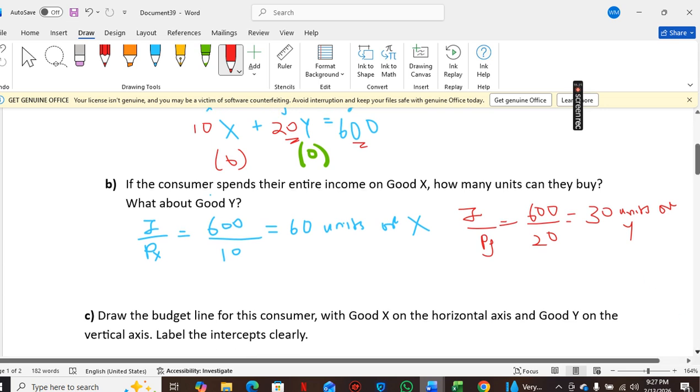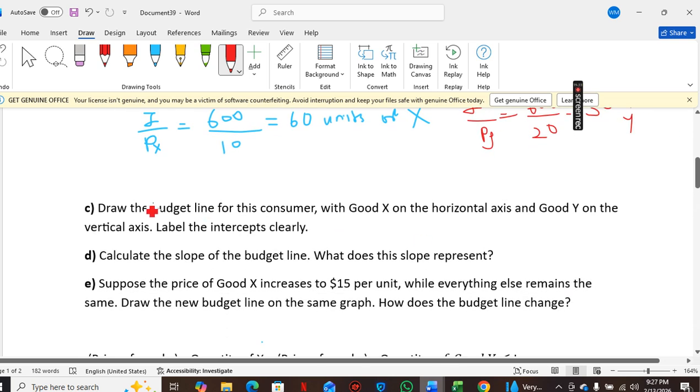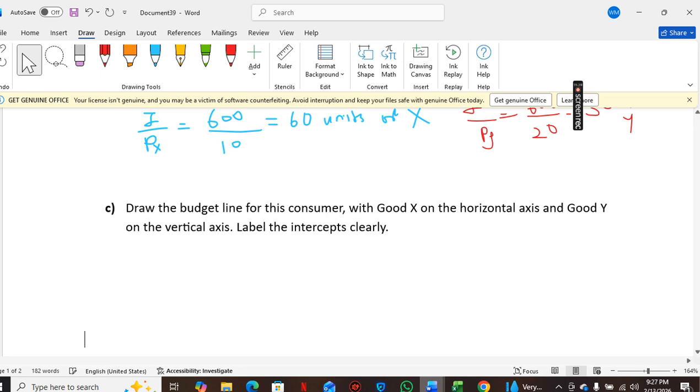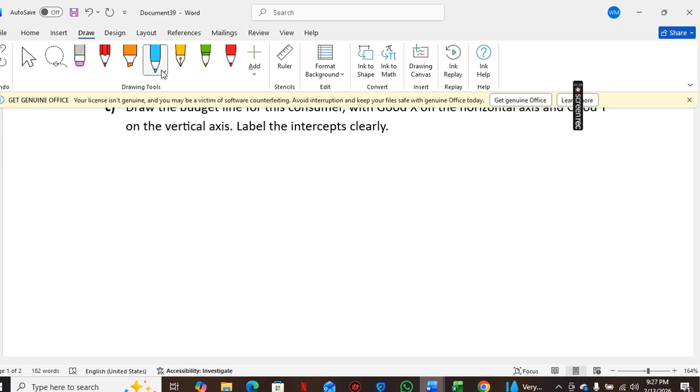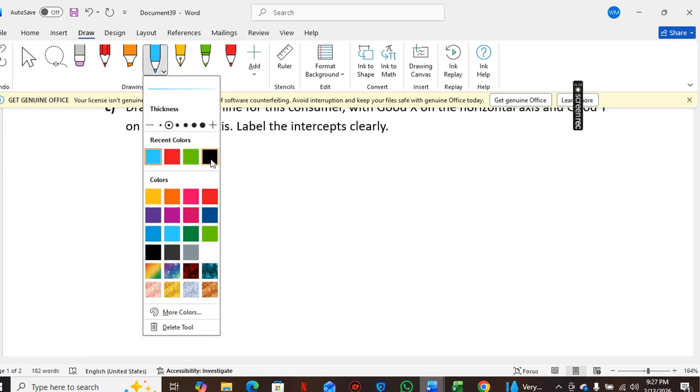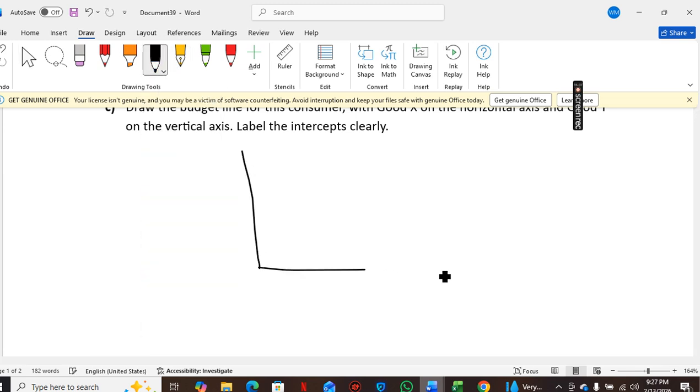Next part: draw the budget line for this consumer with good X on the horizontal axis and good Y on the vertical axis. Label intercepts clearly. So you do it like this. Draw a graph. We have our Y-axis here and our X-axis.